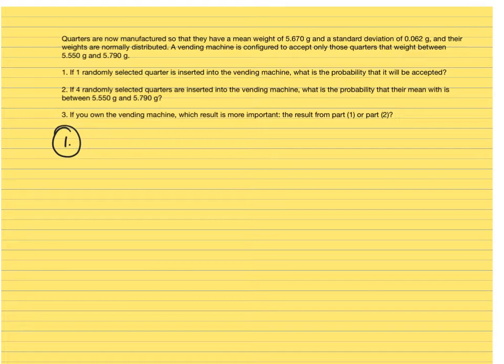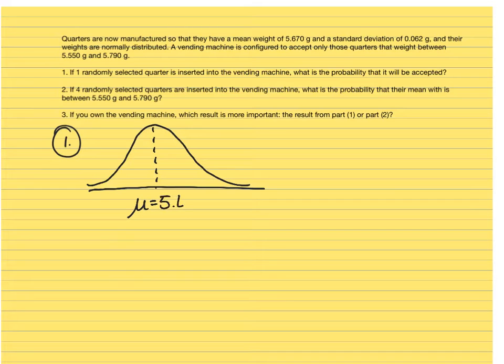So in this one we've got quarters that are normally distributed. Their weights have an average of 5.670 with a standard deviation of 0.062. And so we've got a vending machine that is configured to only accept quarters between 5.550 and 5.790, right?